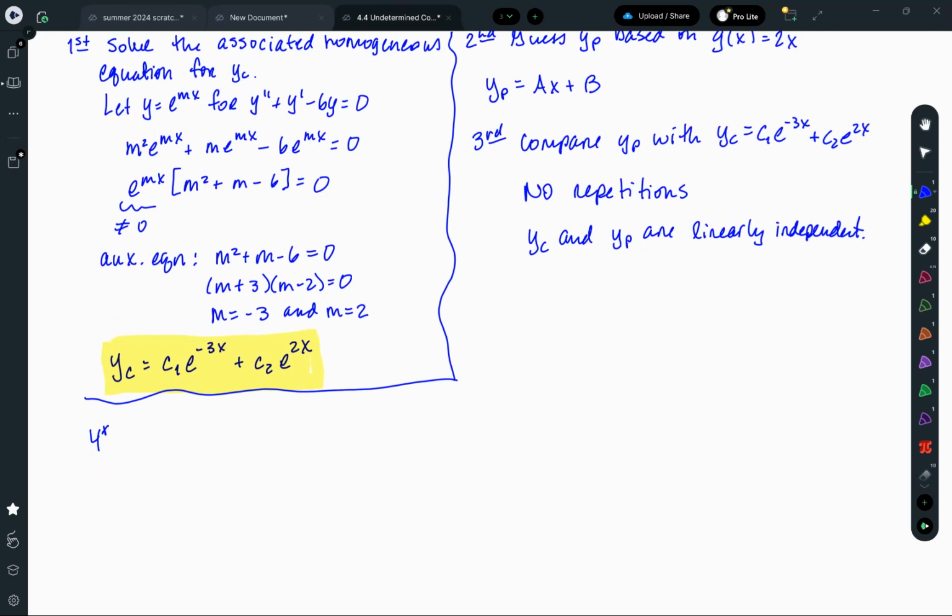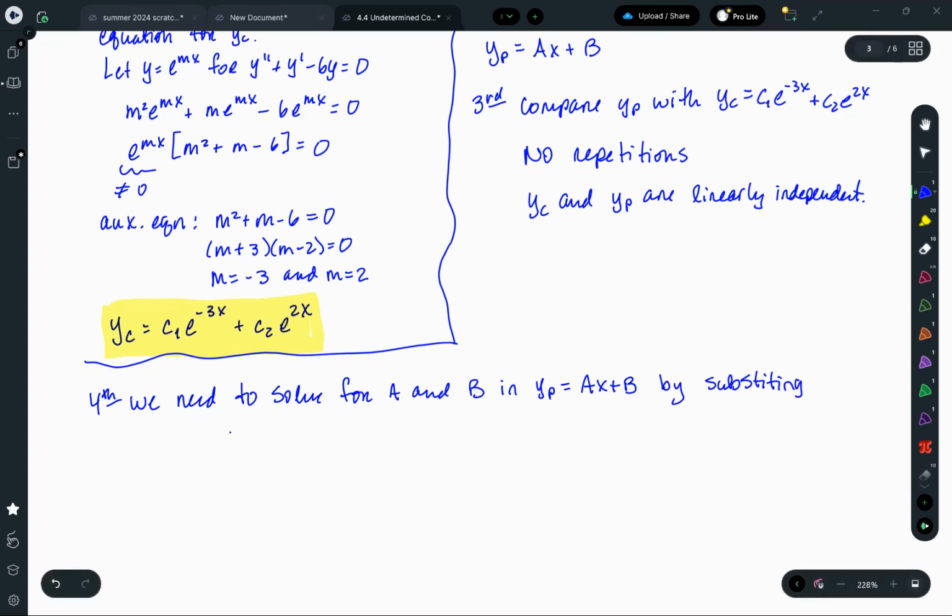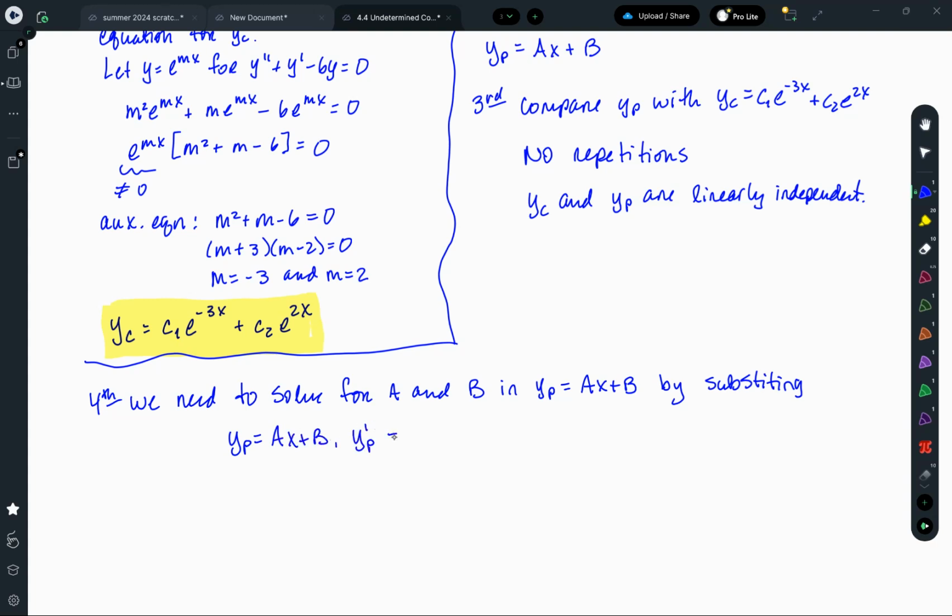So fourth, we need to solve for a and b in y sub p equals ax plus b by substituting y sub p equals ax plus b, y sub p prime equals a, and y sub p double prime equals 0 into the differential equation.